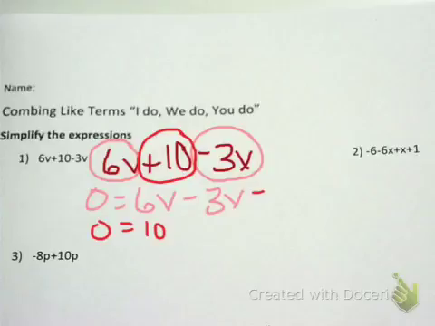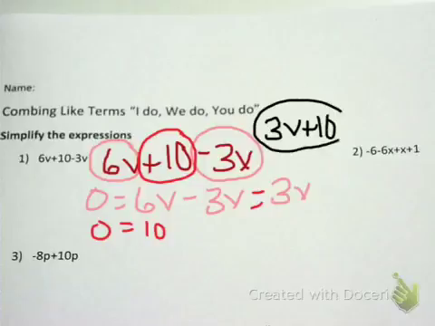So 6V minus 3V, let me change colors back to the pink, is 3V. Again, like I told you in the organizer, I'm going to use the sign to determine what I do with that. So I'm going to keep it 3V plus 10. 3V plus 10 is my answer.